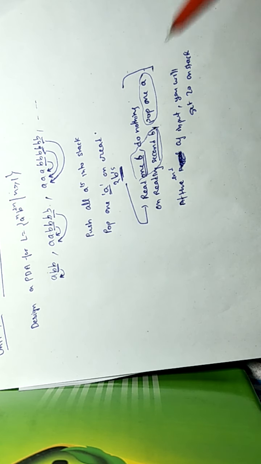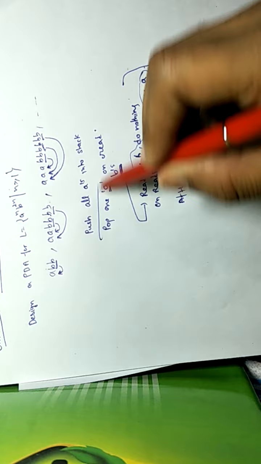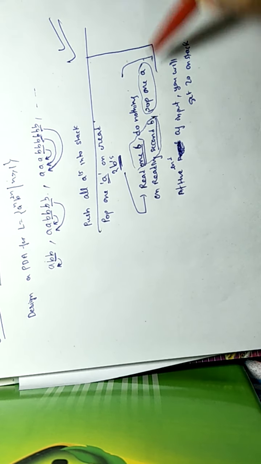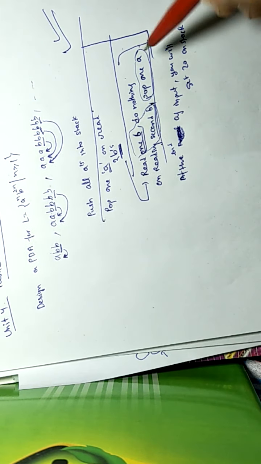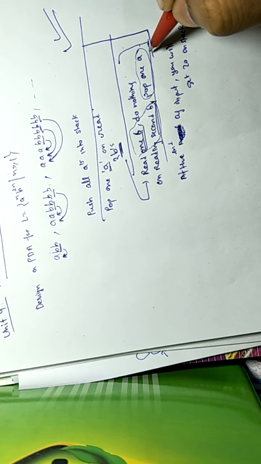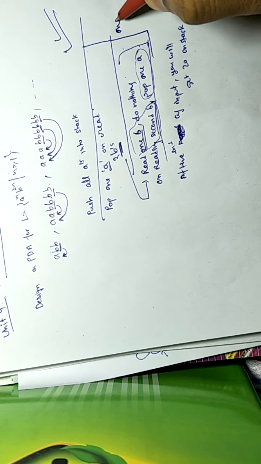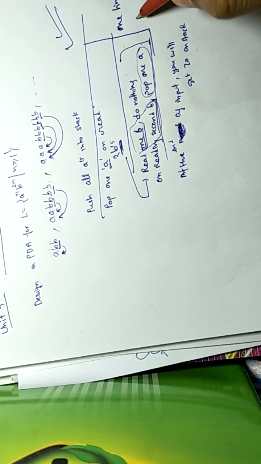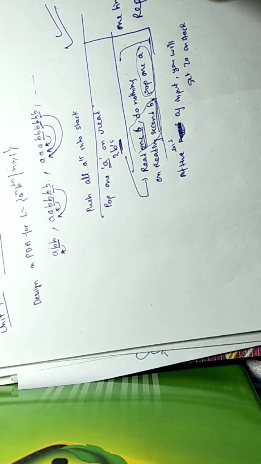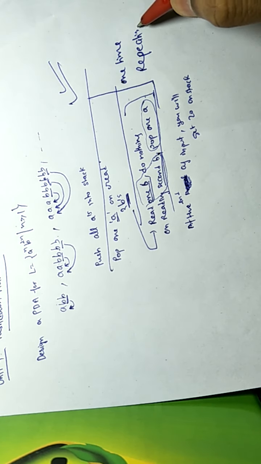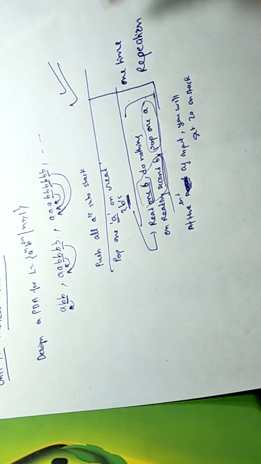So this is the procedure that we follow. We push all a's, then on reading 2 b's we pop 1 a. The first time we do it one time, then we repeat the same procedure.